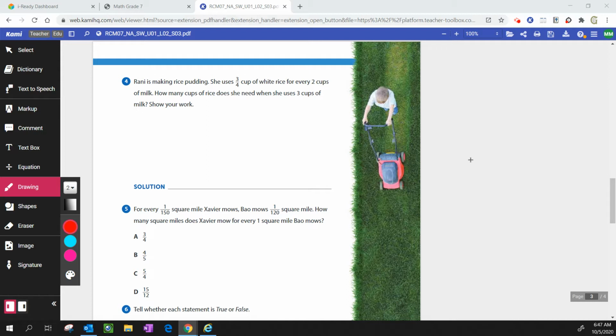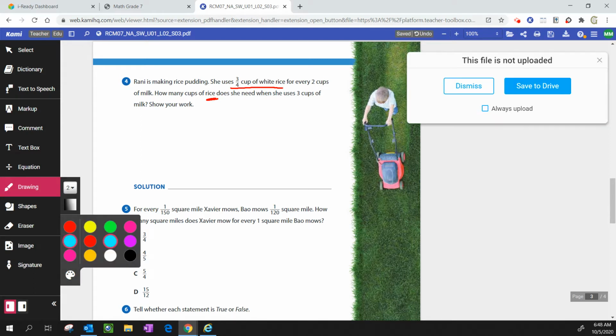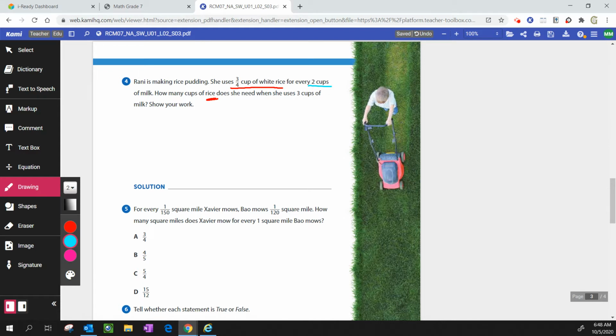So we see rice comes first. So I'm going to kind of color code my numbers here. And then milk comes second. And we'll come back to the fact that it says 3 cups of milk. So let's just work on 1 to start. And so when I do my work, since it says rice first, then milk, I'm going to do my rice number divided by my milk number.